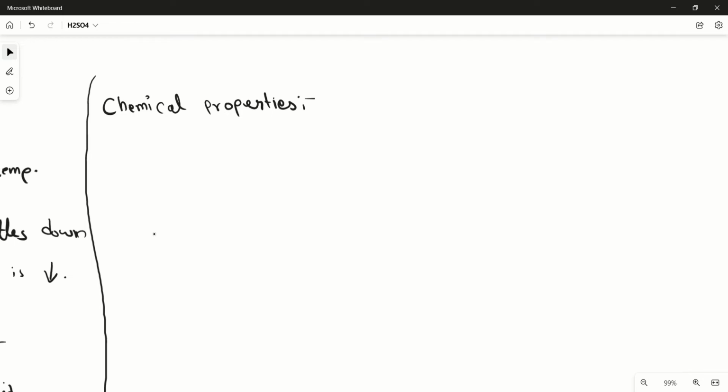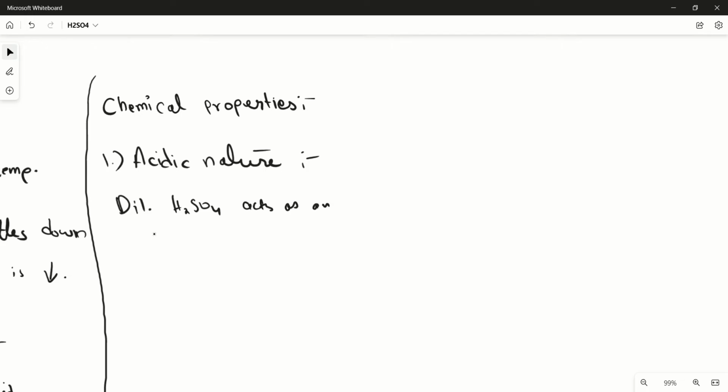So, the first is acidic nature. Dilute sulfuric acid acts as an acid when dilute.